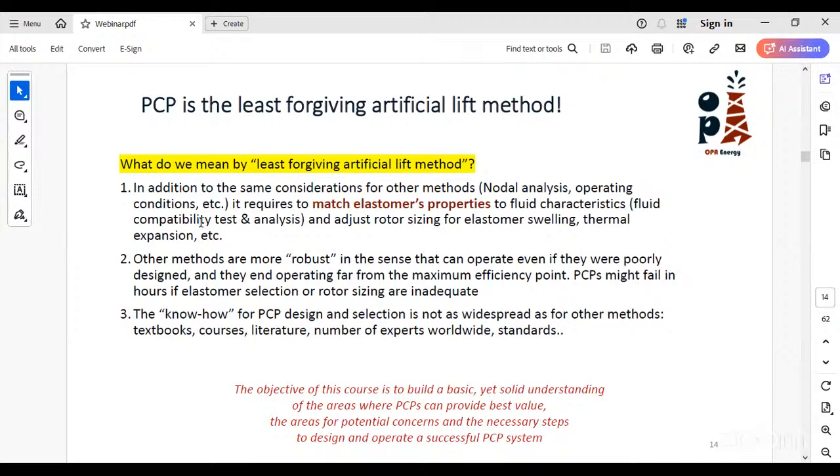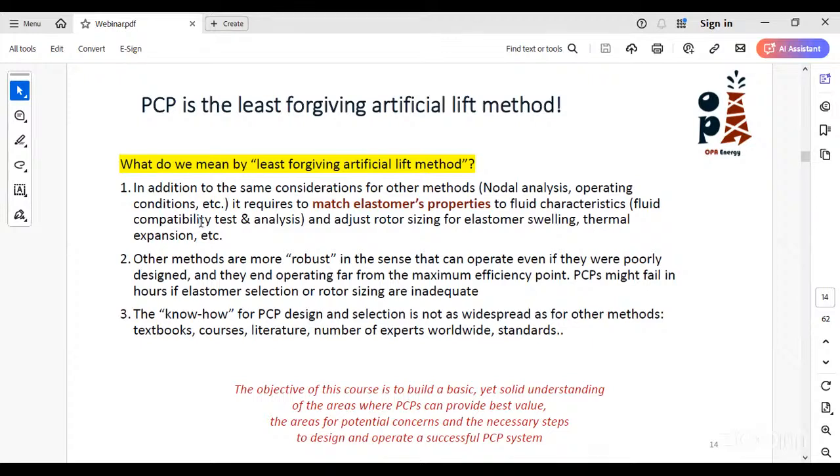So if your PCP is matching the application that you designed it for, it will be a very beautiful artificial lift system. If there is a small or bad design for any of the parts of the PCP, including the rotor or the stator or the elastomer itself, or the spacing you make during the PCP design, you can have a strong failure in your system that will require a workover.